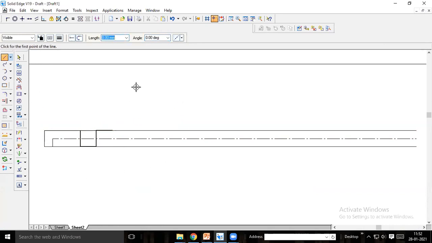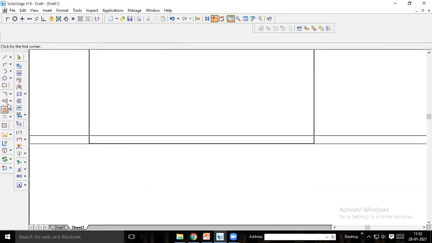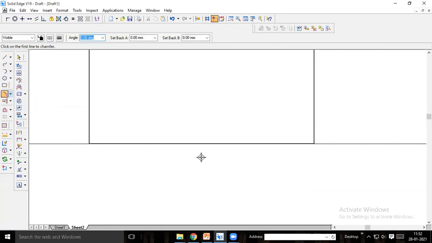Once you draw this profile, you need to give chamfer at the bottom. How do you give the chamfer option here? You will be having fillet. Below fillet, you will be having chamfer. Select these two lines. Here you have to give the setback distance. 45 degree angle, let it be.